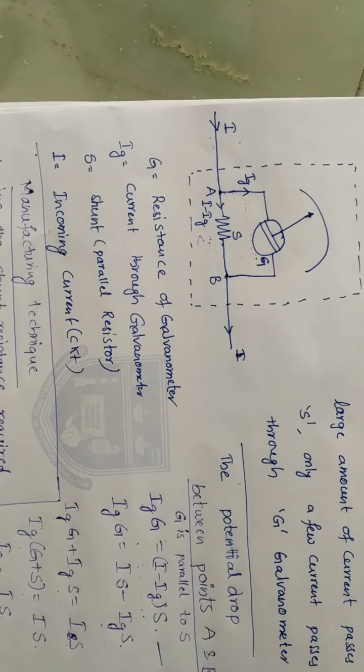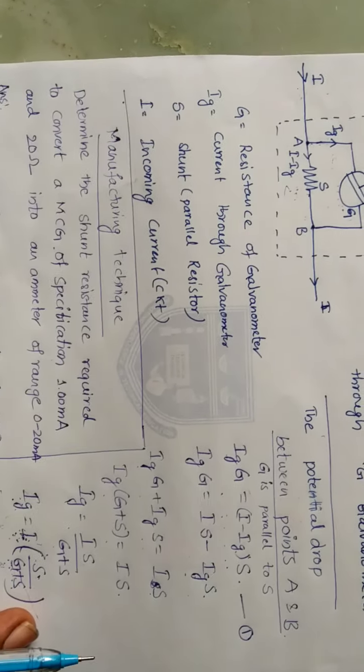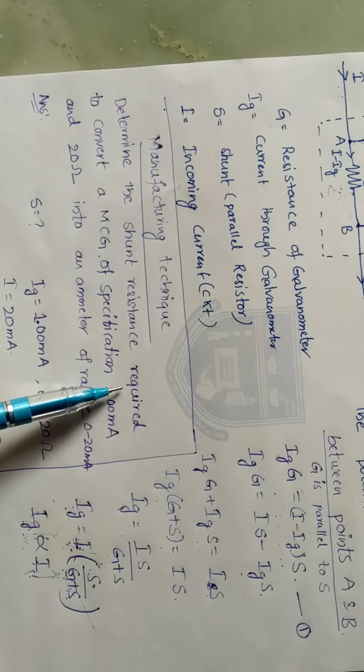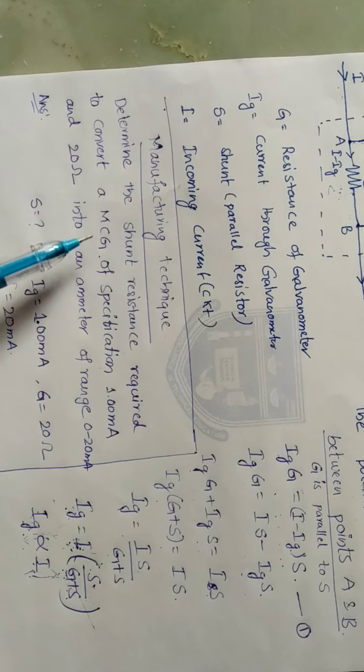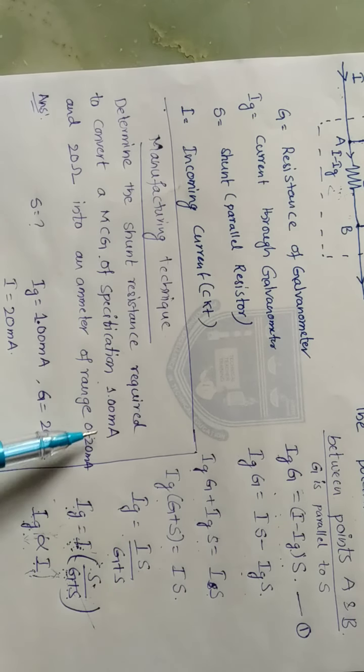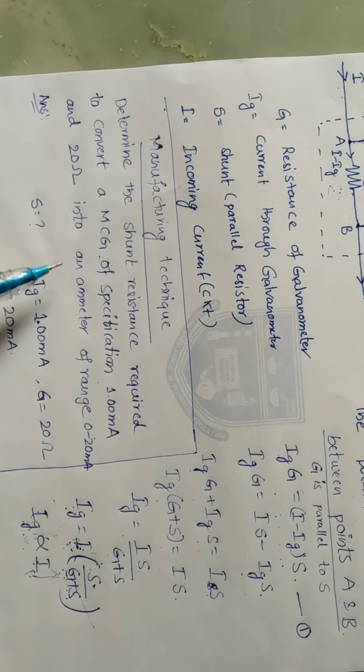Using a simple problem we can understand this. Determine the shunt resistance required to convert a moving coil galvanometer of specification 1 milliampere and 20 ohms into an ammeter of range 0 to 20 milliamperes.